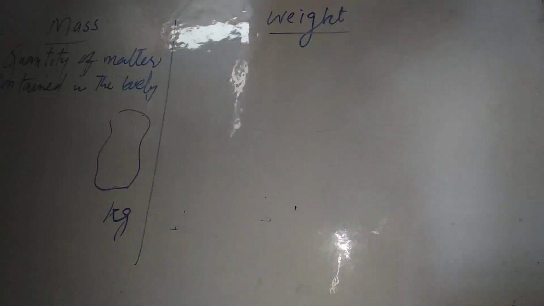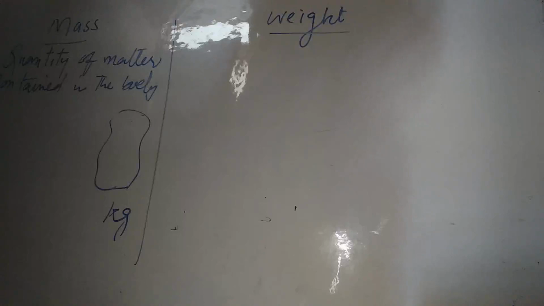As far as weight is concerned, we know that Earth attracts every object with a certain force, and this force depends upon the mass. We have studied in the earlier classes that the force depends upon the mass. अगर किसी ऑब्जेक्ट का ज्यादा मास है तो फोर्स ऑफ अट्रैक्शन उनमें ज्यादा होगा, और फोर्स ऑफ ग्रेविटी उनमें ज्यादा होगा.